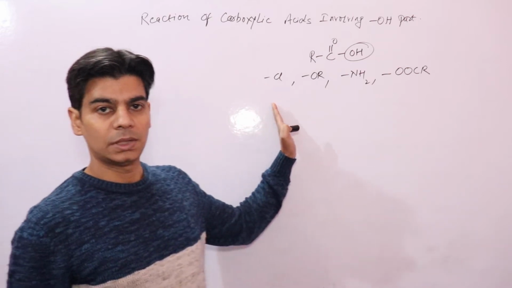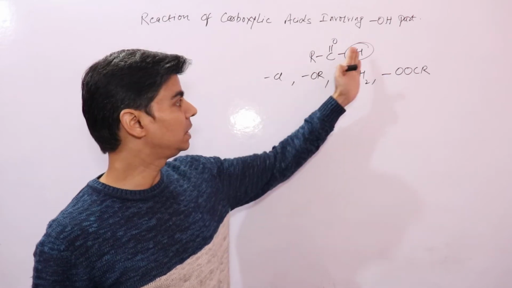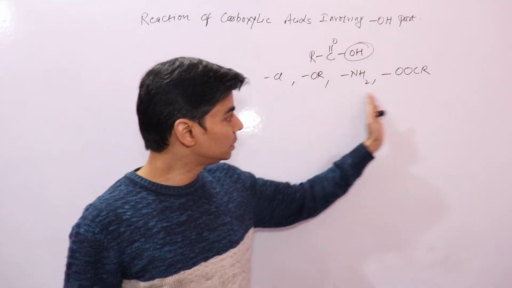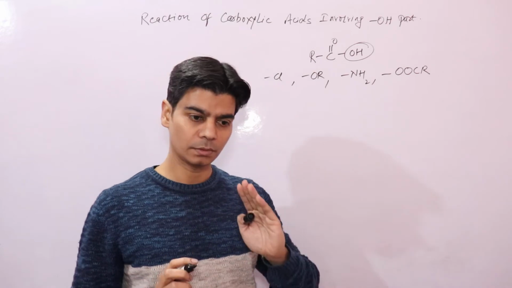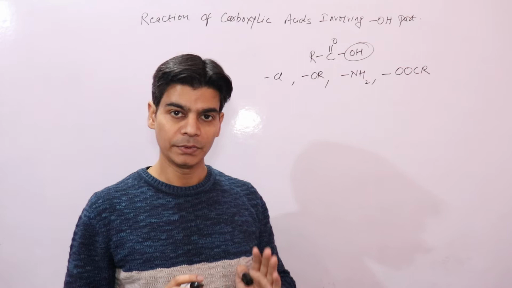And the product that would be obtained by replacing this OH group with these groups would be called derivatives of carboxylic acid, right?